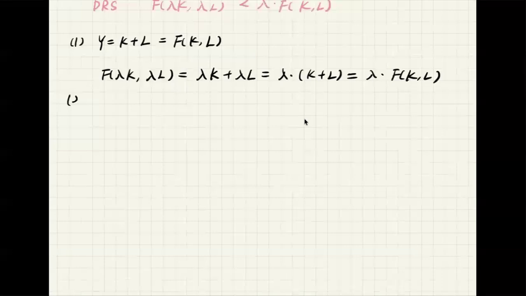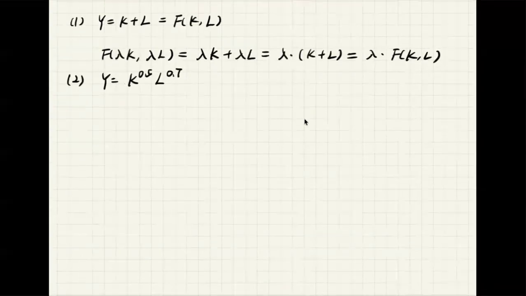And for the next form, when Y equals K to the power of 0.5 times L to the power of 0.7, then again use the definition F(lambda K, lambda L).